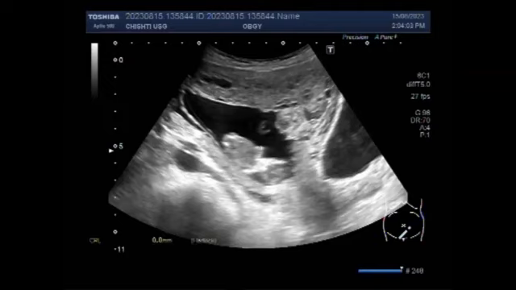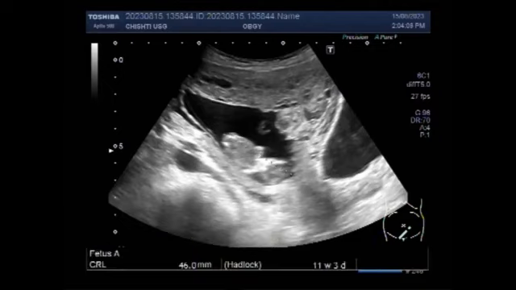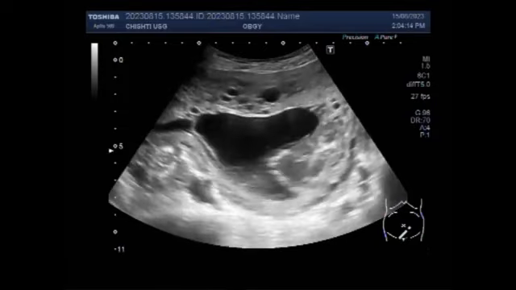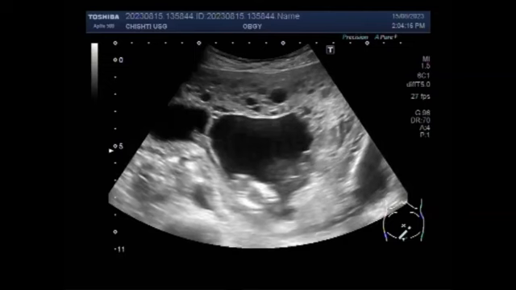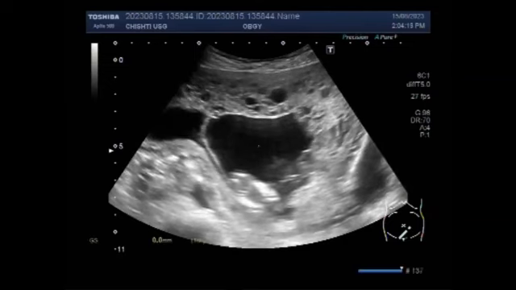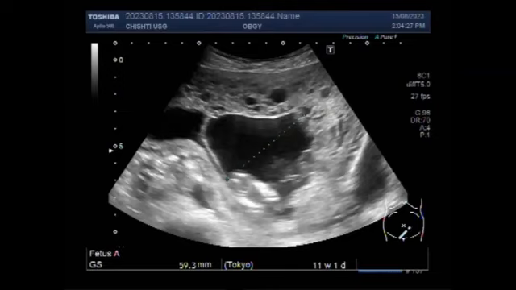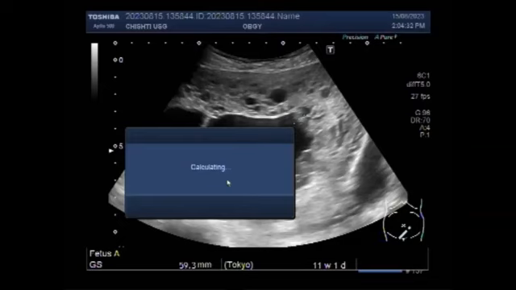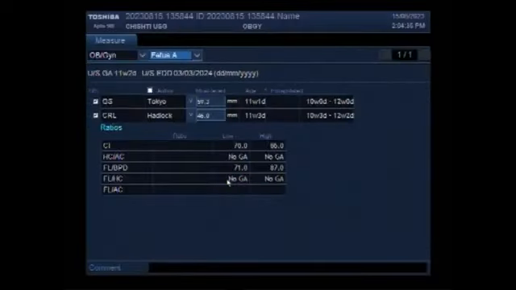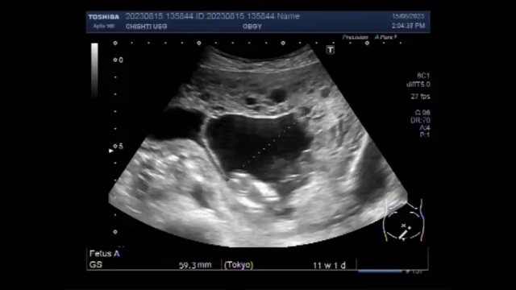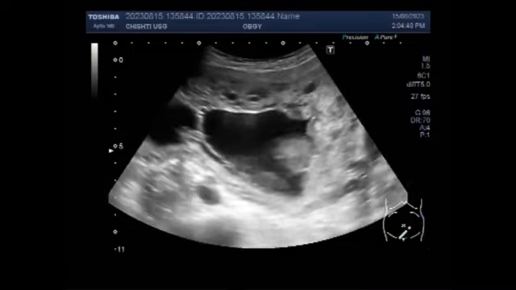Now you can see the measurement of the pregnancy, and it is about 11 weeks 6 days, but there is no blood flow and fetal cardiac activity is also missing. So the pregnancy measures about slightly more than 11 weeks, the duration of pregnancy.